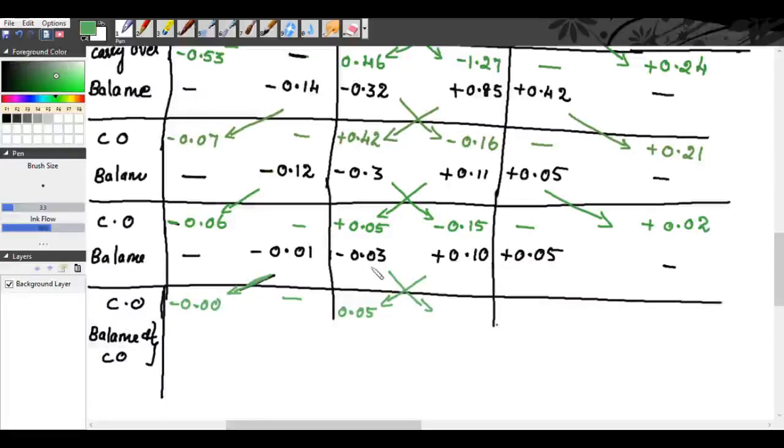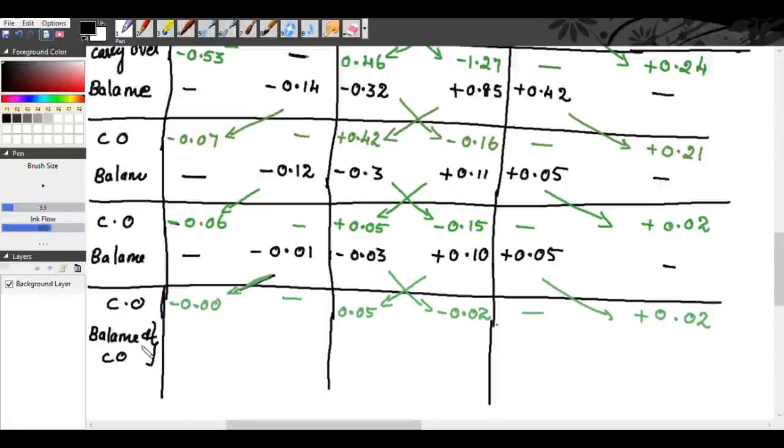Here it is minus 0.03 divided by 2, it is minus 0.015. I will write it as 0.02. So from here it is carrying over 0.05 divided by 2, it is plus 0.02.